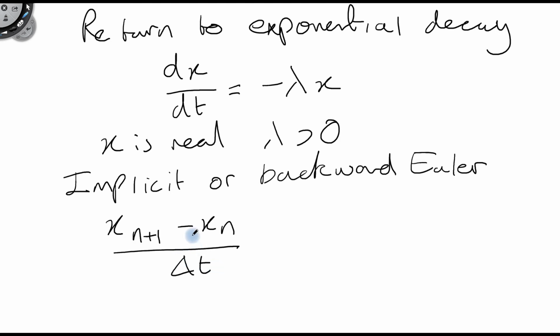It's a clearer statement, it shows you know what you're doing a bit more. And then it's minus lambda x_{n+1}. Okay, so the key thing is this n+1 here.